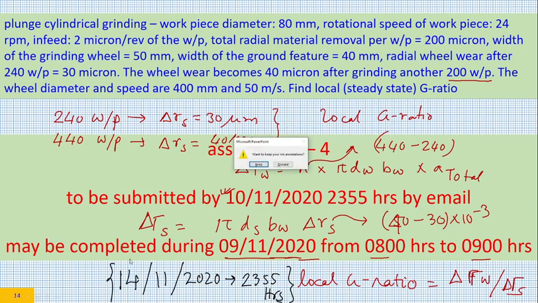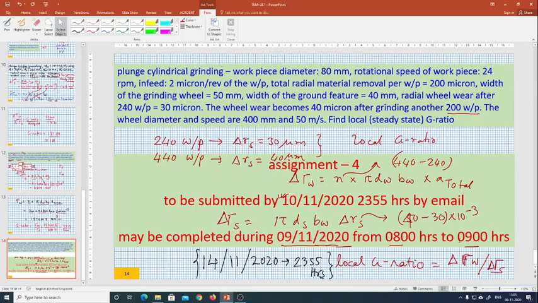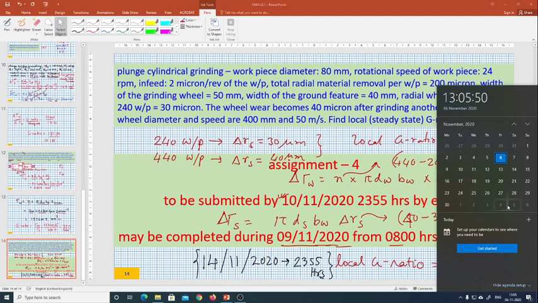I think this is Saturday. Once again I'll check it here. Yes, your viva and everything would be over by 13th, that is the last date given. So by 14th midnight you have to submit it.